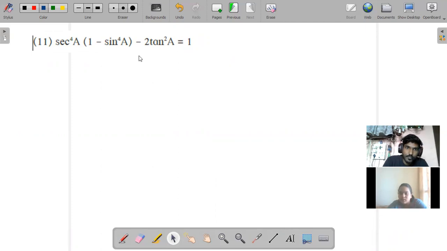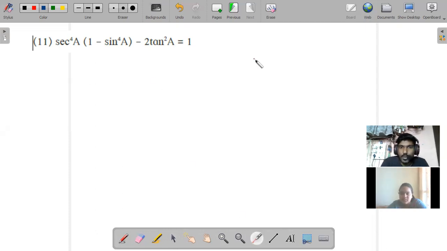Sine can be 1 upon cosec, and tan can be sine upon cos. Yes, and then?